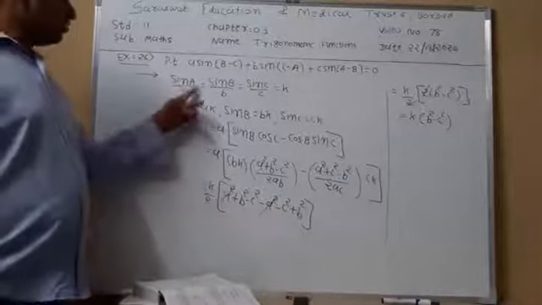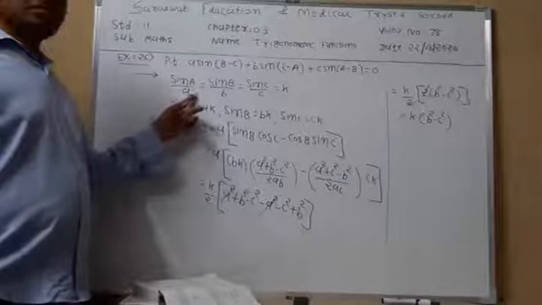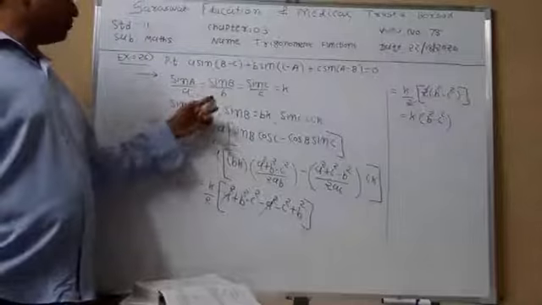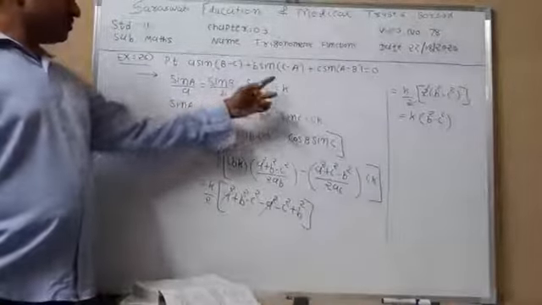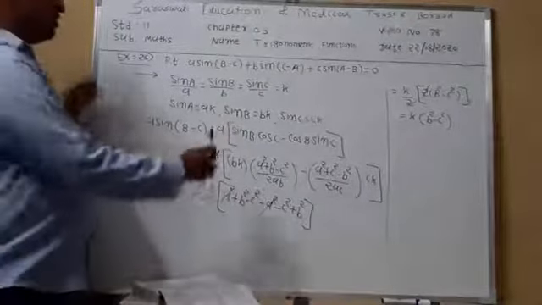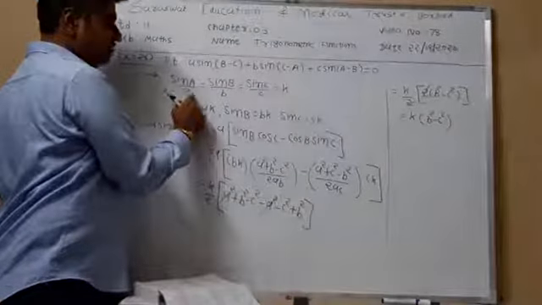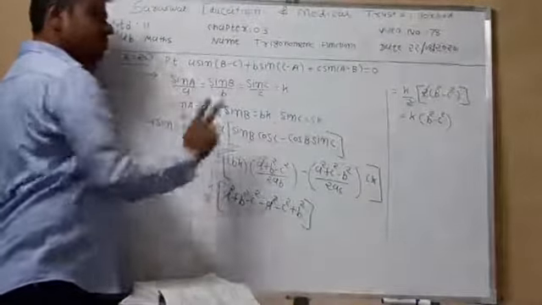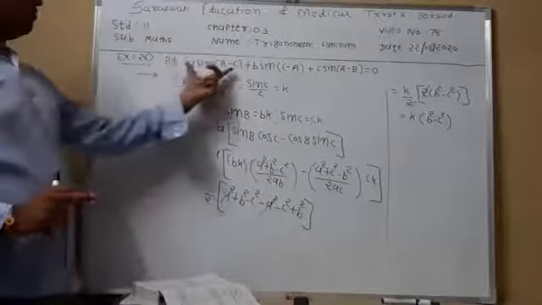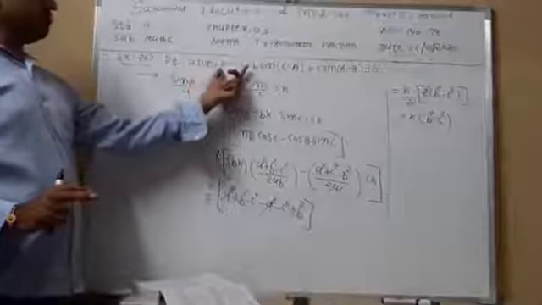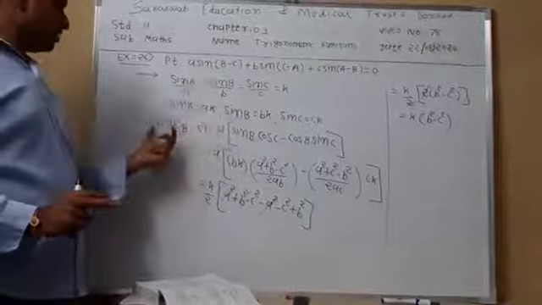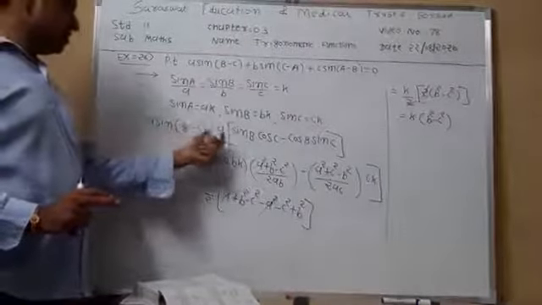So once again our proof is like this: the result to prove is 0. We know that sin a upon small a is equal to sin b upon small b, equal to sin c upon small c, equal to k. Comparing individually with k, sin a is equal to ak. Similarly for the remaining terms. Our first term is a sin(b minus c), with a written outside.